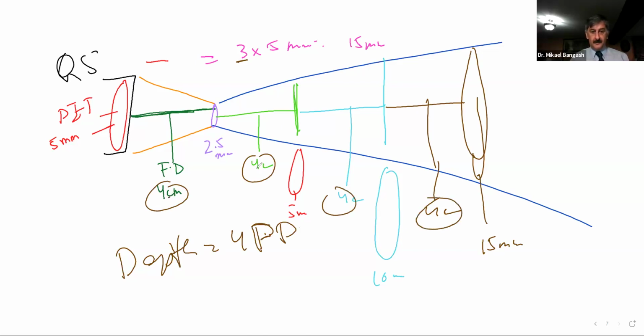So how many distances of focal depth did we have? A total of 4. Did that make sense?